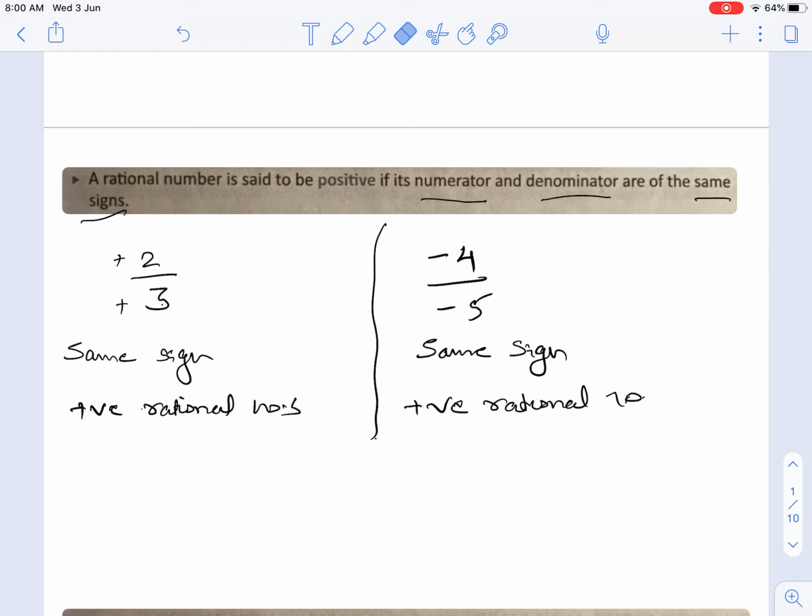So when can we say that any number is a positive rational number? If the numerator and denominator have the same sign. Here they both have plus sign, here they both have negative sign, still the number is a positive rational number.